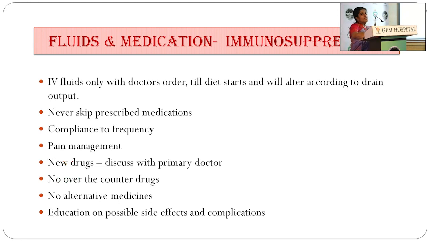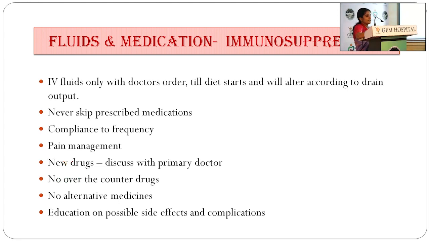Pain management: usually during the ICU stay, highly effective painkillers will be given in the ICU. So once the patient is received in the ward, we will go for low doses like 500 mg of paracetamol, like that.